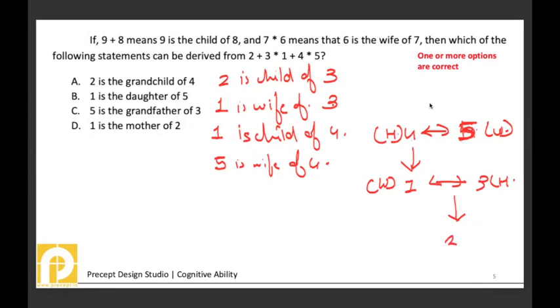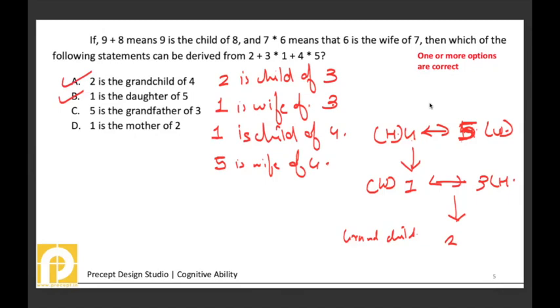Okay, this is the grandchild and this is the grandparent. 2 is grandparent of 4 is false, but 2 is grandchild of 4 is true. 1 is daughter of 5, which is also true.